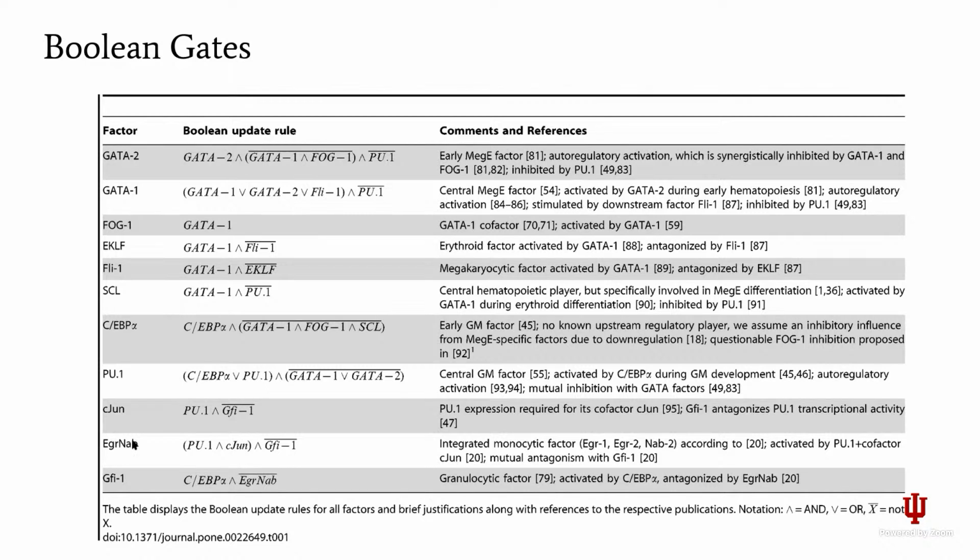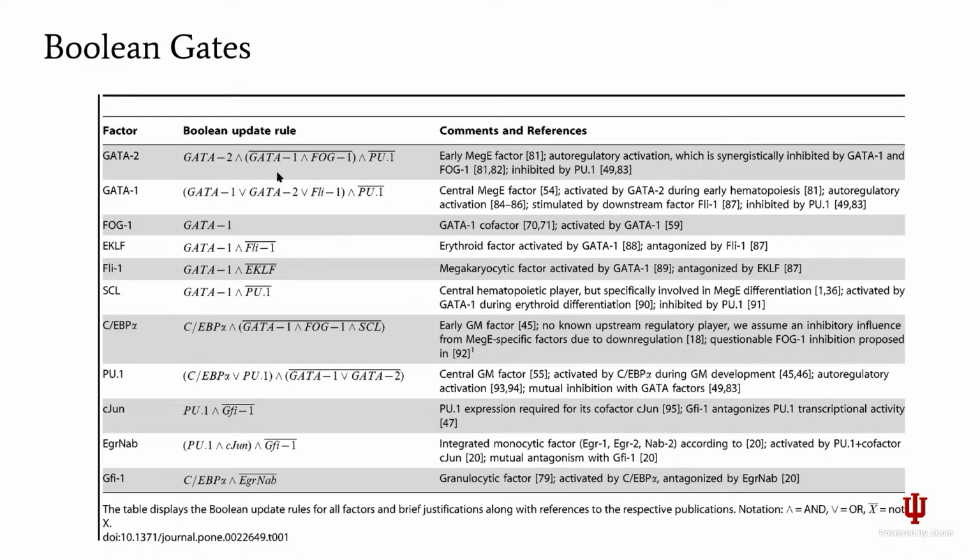So it's this table that describes each of the genes that we have, and it describes the Boolean function. It also gives some references about why they took these Boolean functions, and why they think the Boolean functions have to be like this.